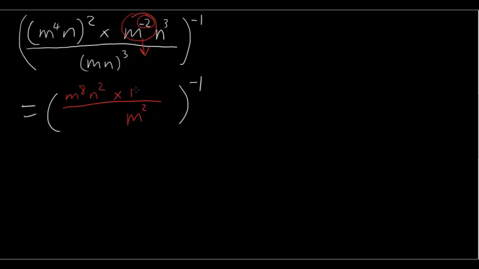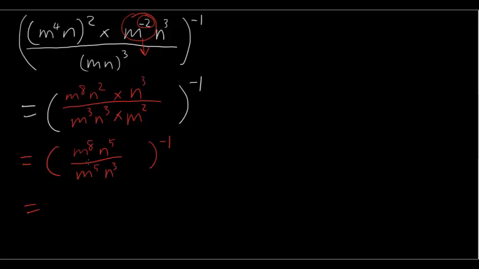Okay, now we have times n to the power of 3, and this term here is m to the power of 3, n to the power of 3. Okay, now simplifying what we have in the brackets, we have m to the power of 8, n to the power of 5 over m to the power of 5, n to the power of 3.